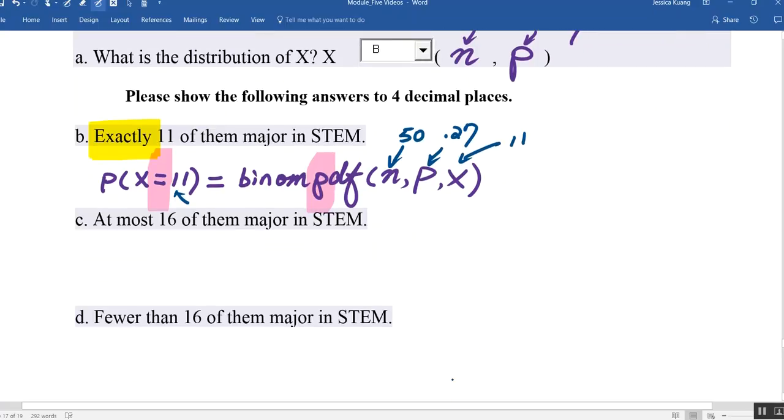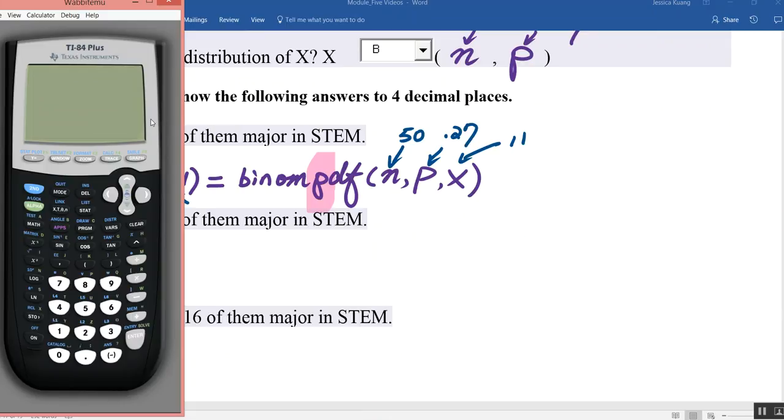Okay, now let's pull out my graphing calculator, and I'm going to go to second VARS and scroll all the way down until you see binompdf. Do not choose CDF.